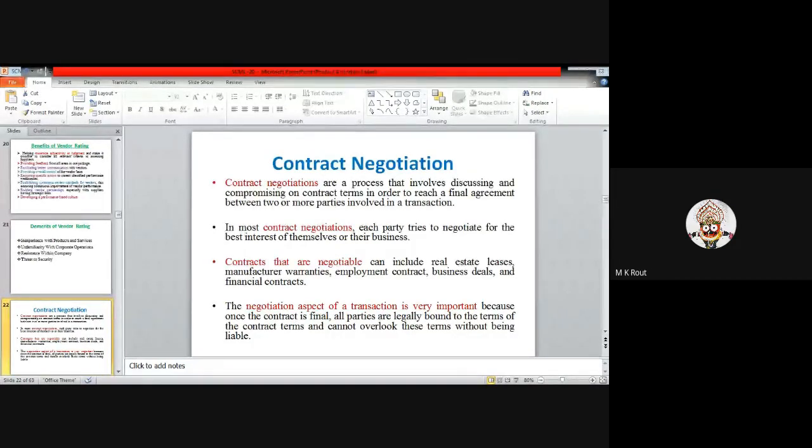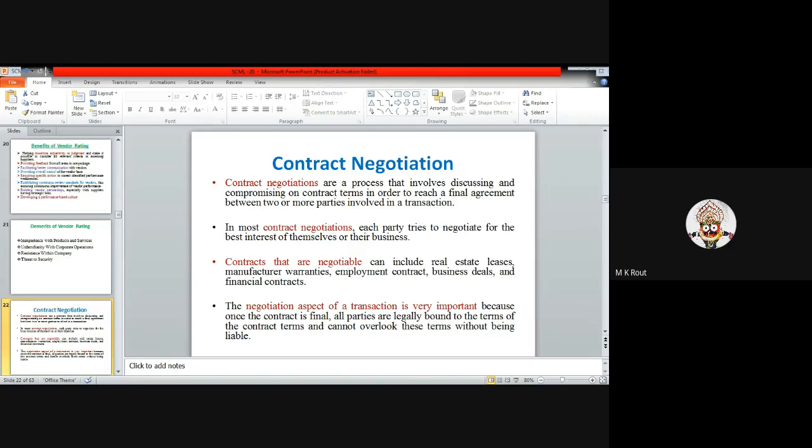Sahu, what is the need of contract negotiation? The most important factor in contract negotiation is reduction, that is, minimization of price.